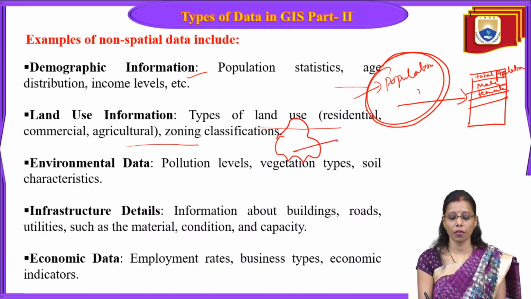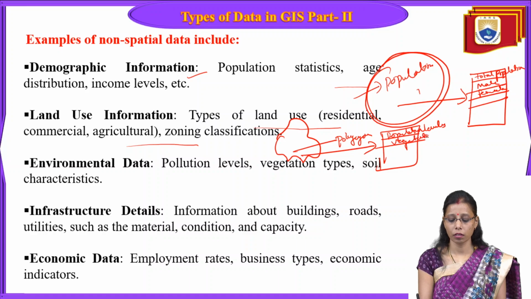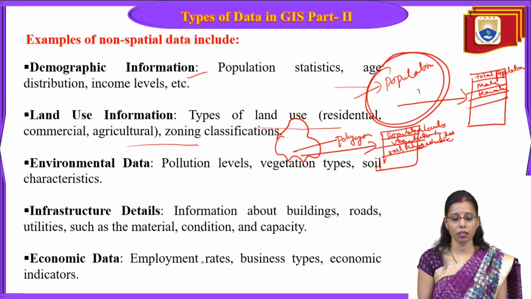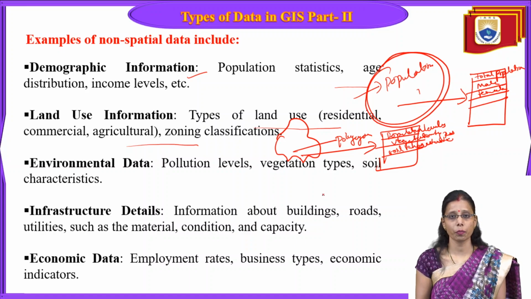We'll create a polygon, and in this polygon we assign the information as population levels, then vegetation types, then soil characteristics. All this information will be added in the form of a tabular format. All the statistics will be added, the location, the area, how much area I discovered, all that information we are going to add in this environmental data.